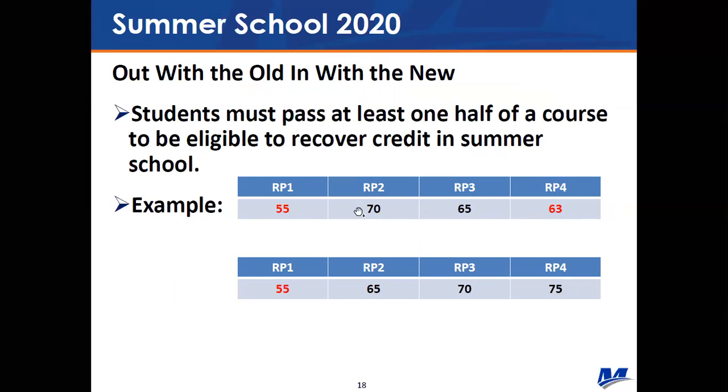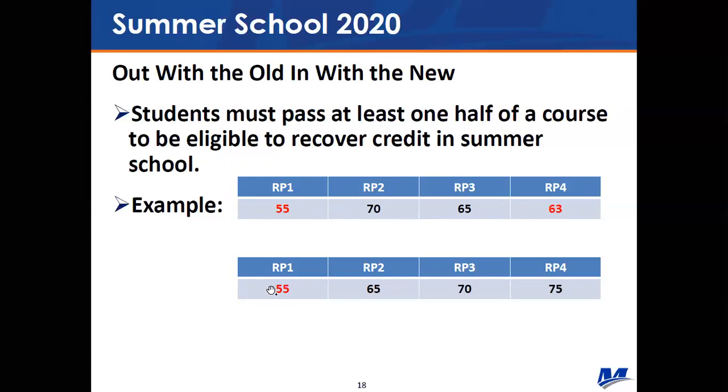They are not eligible for summer school because they didn't pass half of a course. So RP1 and RP2 make up 1/2, and RP3 and RP4 make up 1/2. Even though they technically did pass RP2 and RP3, these are on 2 different semesters. So it does not make them eligible for summer school.